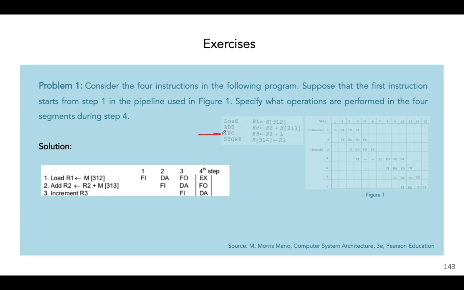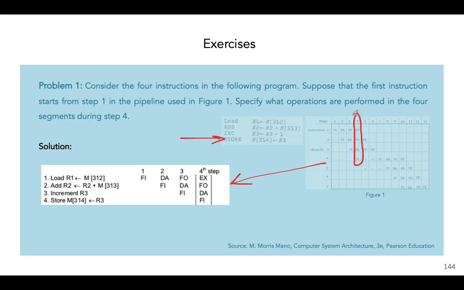Then the next instruction starts executing. So in the third step, it will be fetched. In the fourth step, it's still in the decoding phase. And again, no need to write what happens after this. Finally, this instruction is encountered. And in the fourth step, it will still be fetched. You can see this directly from here, right? This is step 4. This is what we are concerned with.